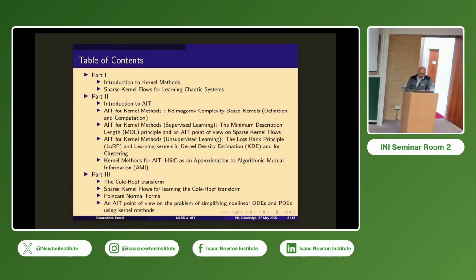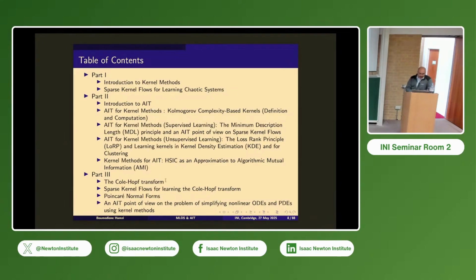Then we'll talk about a principle developed by Marcus Hutter, and see how we can extend it to learning kernels in kernel density estimation and for clustering. The other direction is kernel methods for AIT, where we show that HSIC, for example, can be viewed as an approximation to algorithmic mutual information and the normalized compression distance, which both show up in AIT.